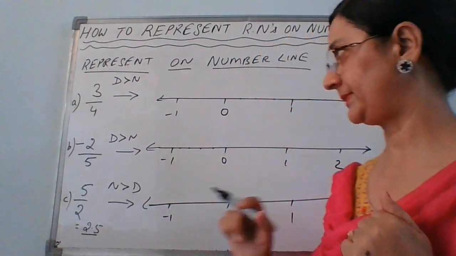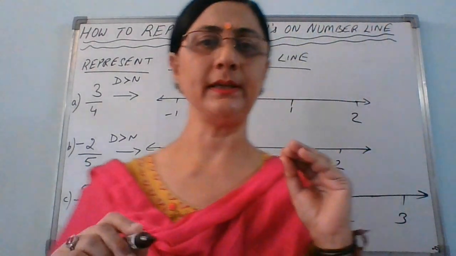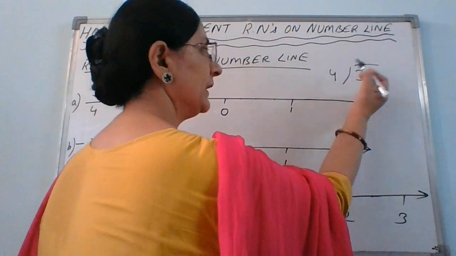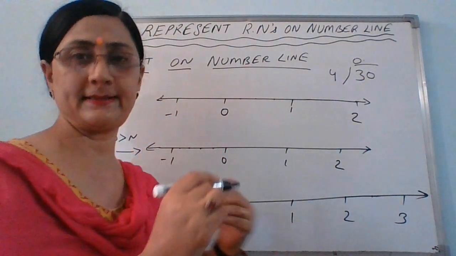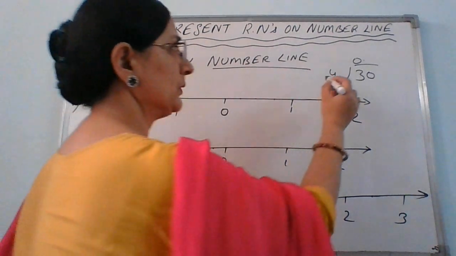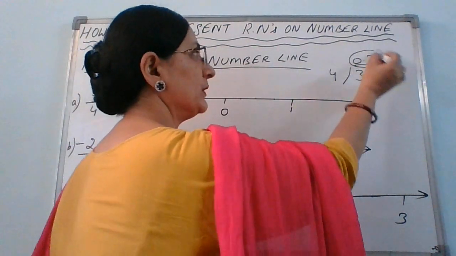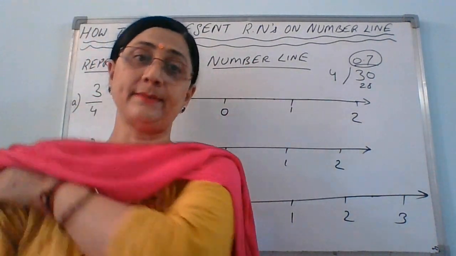Now see what happens. Here it's 3 by 4. When you divide a smaller number like 3 by 4, you can't divide it, so you have to put a 0 and a decimal point. The answer comes as 0 point something.